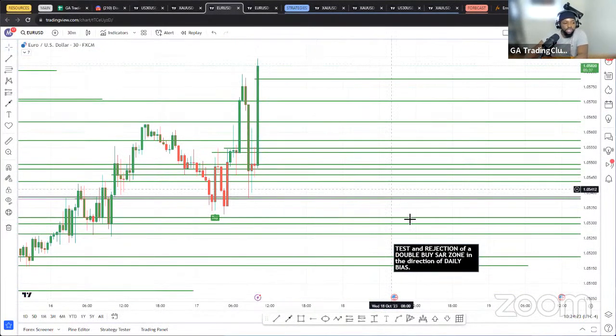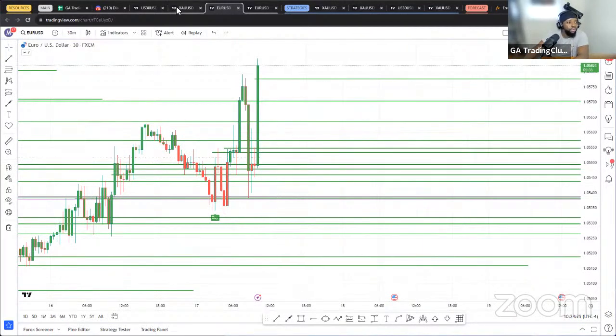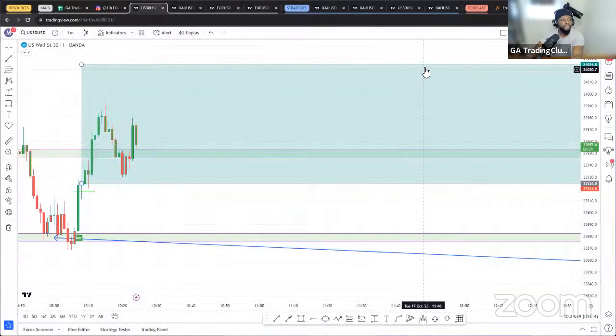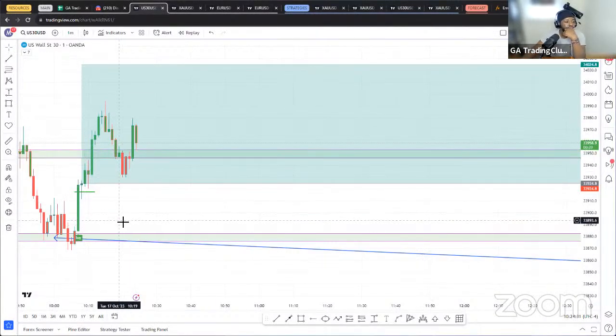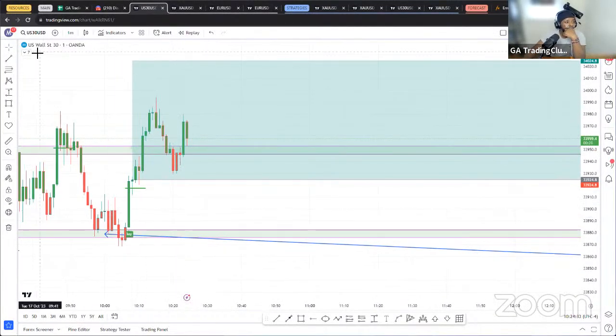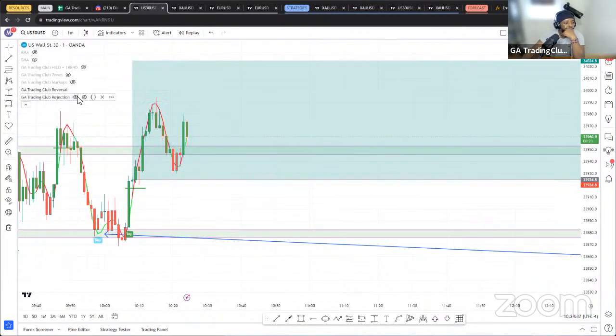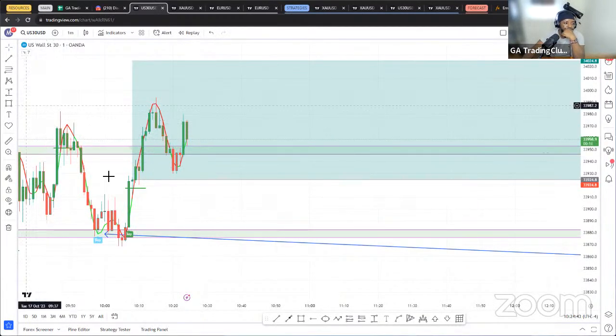But anyway, so this is gone, would be in profit. See if US 30 got stopped out. Okay, so US 30 is still back up. The other thing you want to check is, let me see if we got that. Yeah, that rejection.